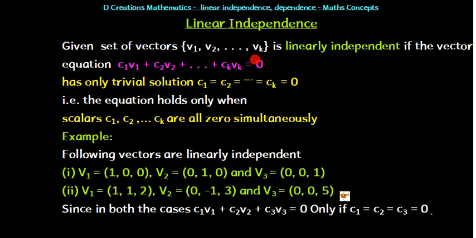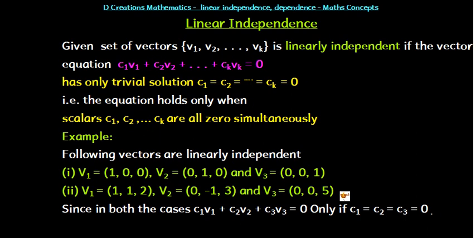On the right hand side it has to be 0, and this equation is true only if all the scalars c1, c2, ... ck are 0 simultaneously.